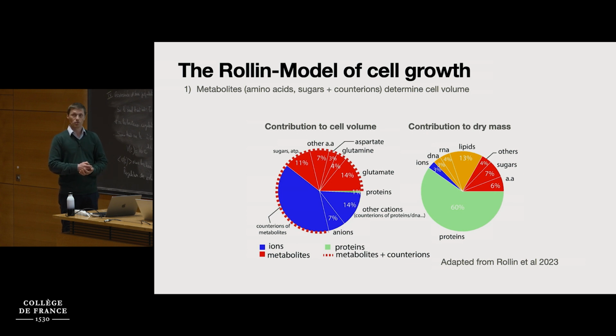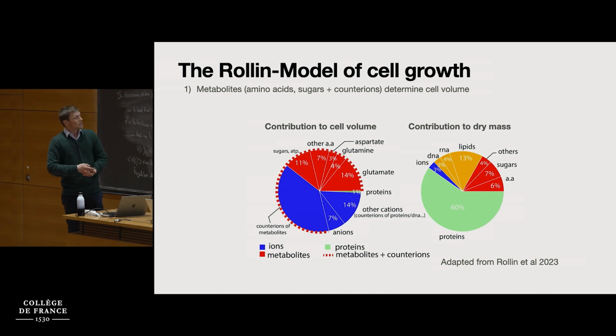So if you regulate the production of osmolytes, you get two points out for each osmolyte, one for the metabolite and one for the counterion. Together, metabolites and counterions make up almost 80% of the osmotic activity. This is data from mammalian cells.